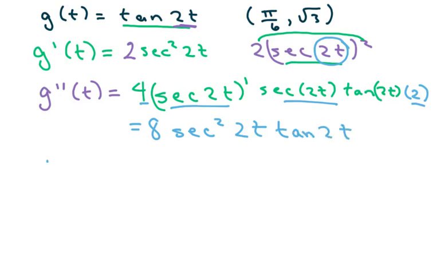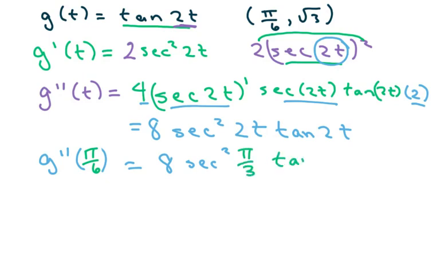Now let's plug in our pi over 6. So basically what we have is 8 times secant squared, and 2 times pi over 6. And this could be secant squared of 2 times pi over 6 is pi over 3. And then we're going to have tan 2 times pi over 6 is pi over 3.